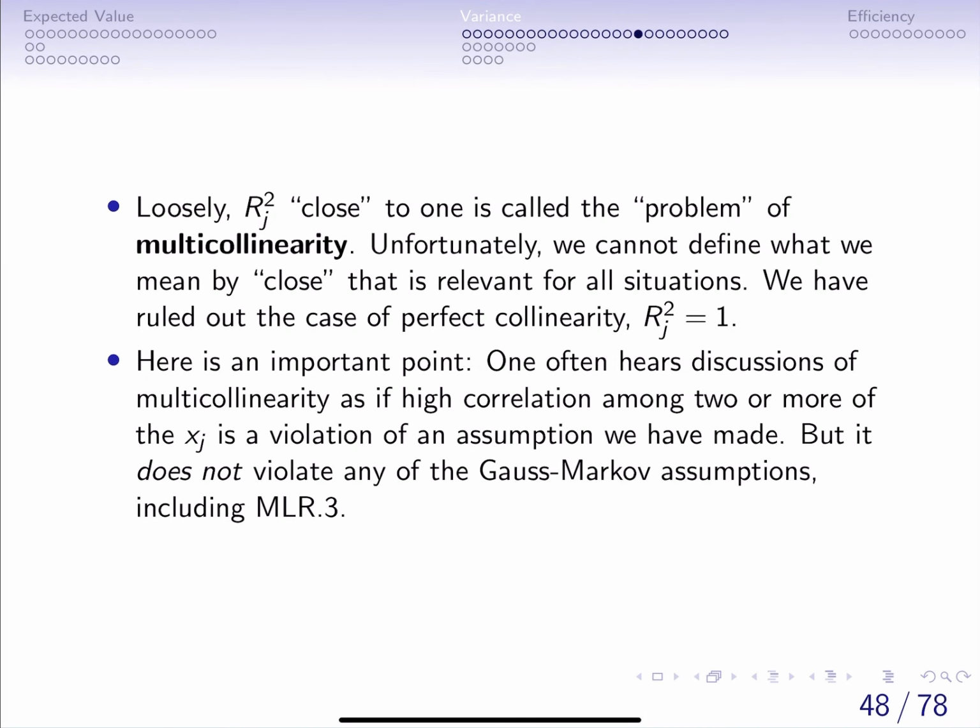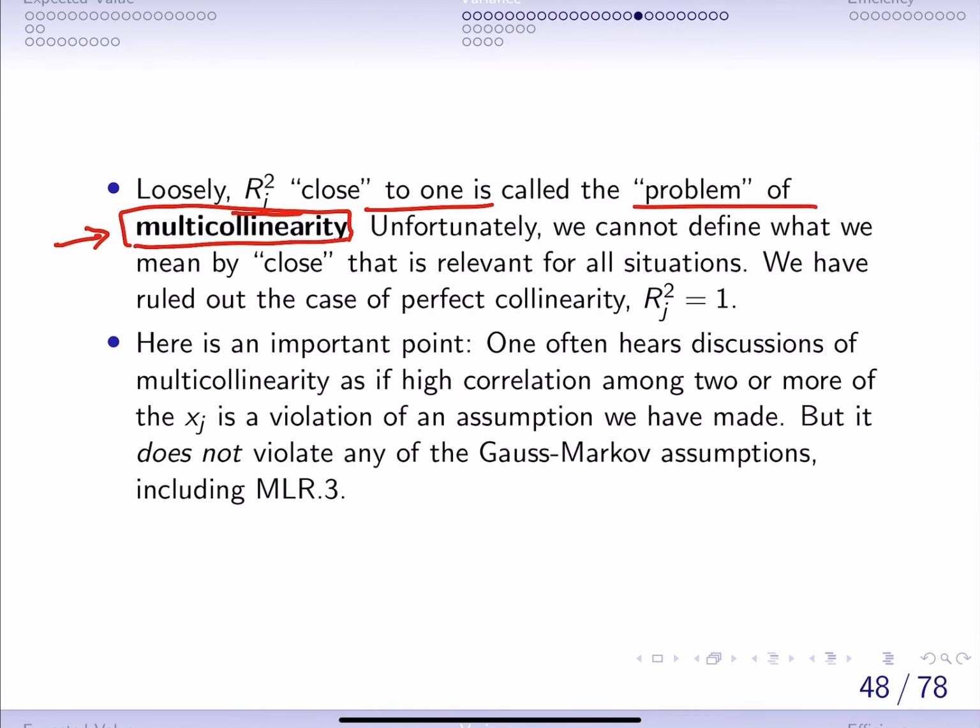So whenever you have R squared j close to 1, this is called the problem of multicollinearity. So if your x's are highly correlated, then you have this problem of multicollinearity. Okay, and that is going to have some implications on the efficiency of your estimator.